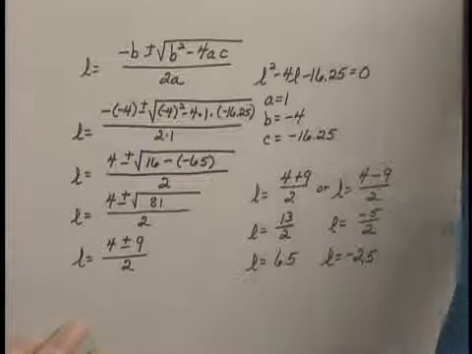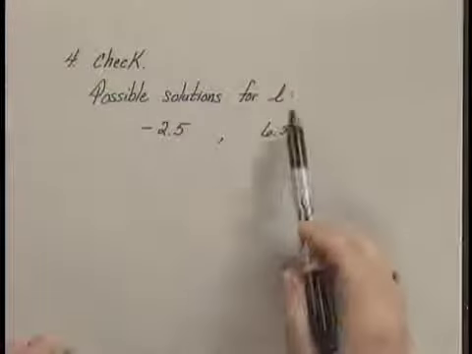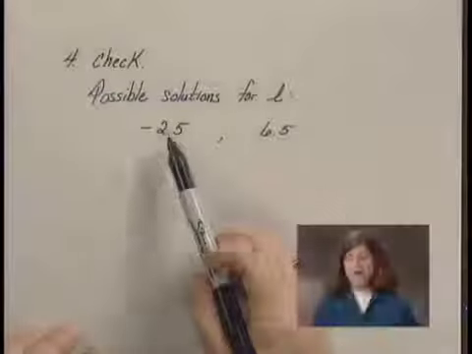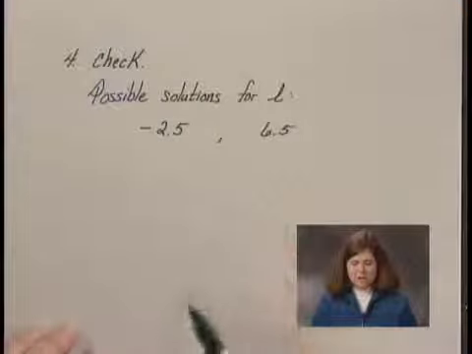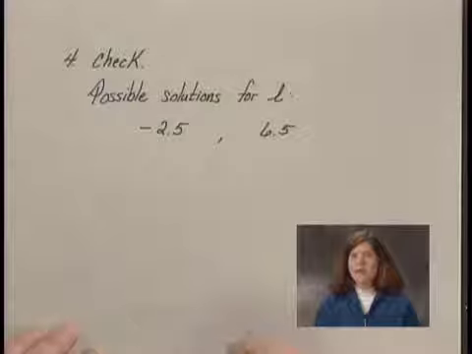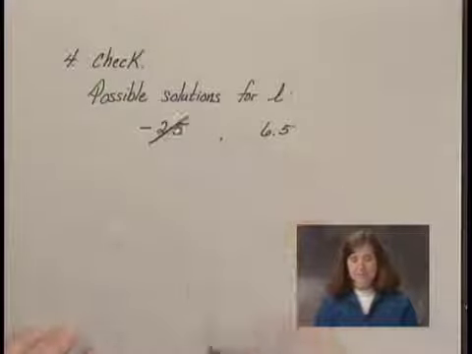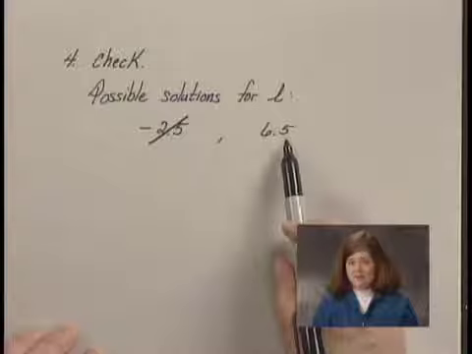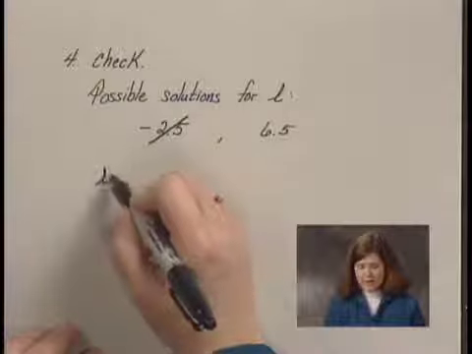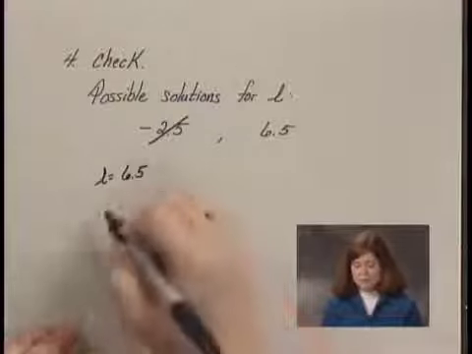So let's move to our fourth step, and that is to check the answer. The possible solutions for L were negative 2.5 and 6.5. Before we check these in an equation, let's think what we were trying to find, the length of a rug. The length of a rug is not going to be a negative number, so we won't consider that one. If we consider 6.5, if L is 6.5, then the width, remember, was L minus 4.